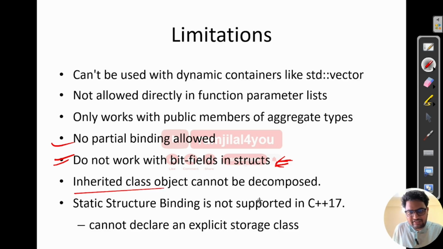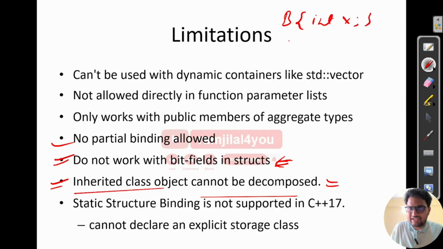Inherited class object cannot be decomposed. This is also very important. In one of the interviews, it got asked, and the guy could not answer this one. For this, the answer is, for example, we have a base class with an integer x, and a child class, publicly inherited, with an integer y, also public.